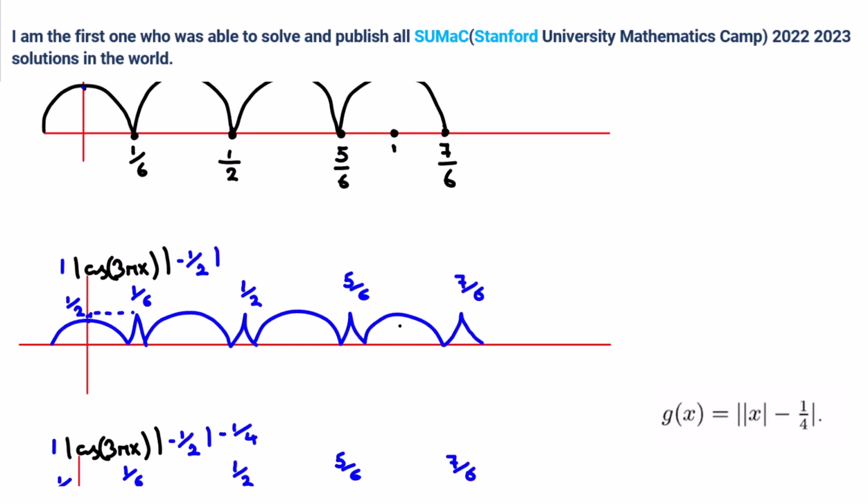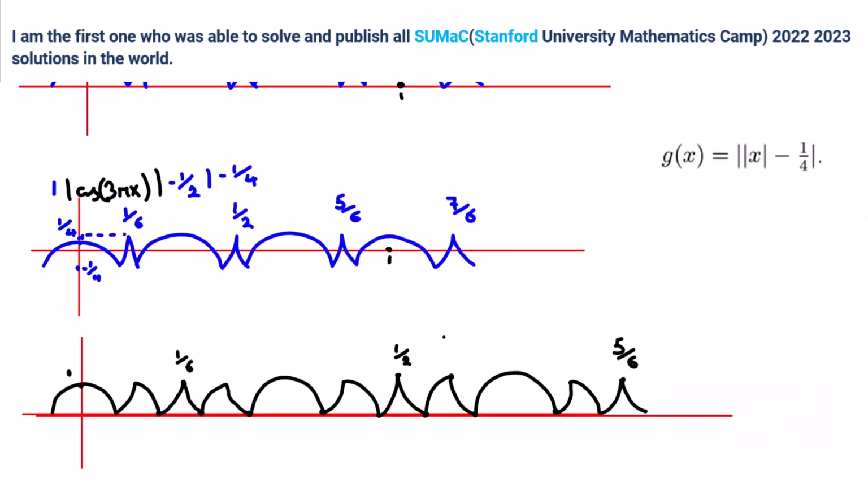So this one is 1, this one is 1, and at 5 over 6, this one, and because it says this part, and until this, it is 1. Agreed? Okay. Your function is this.